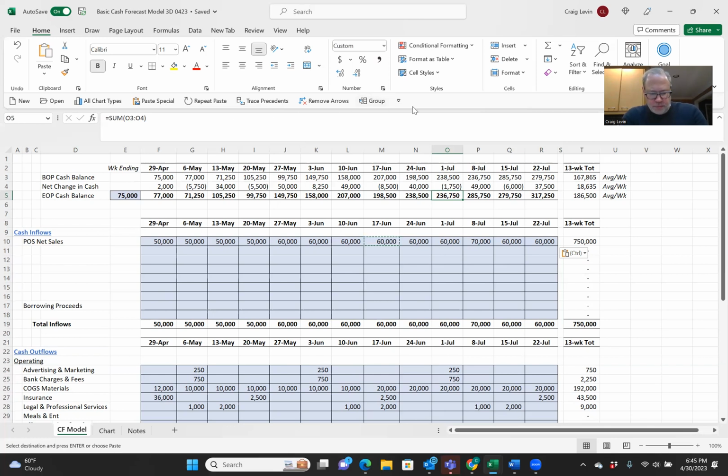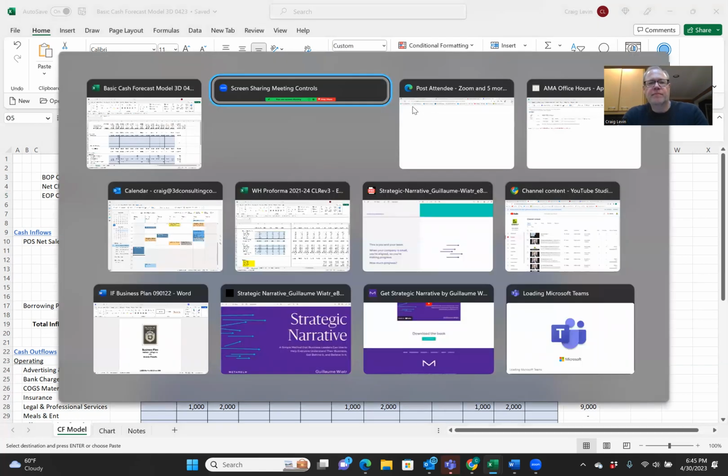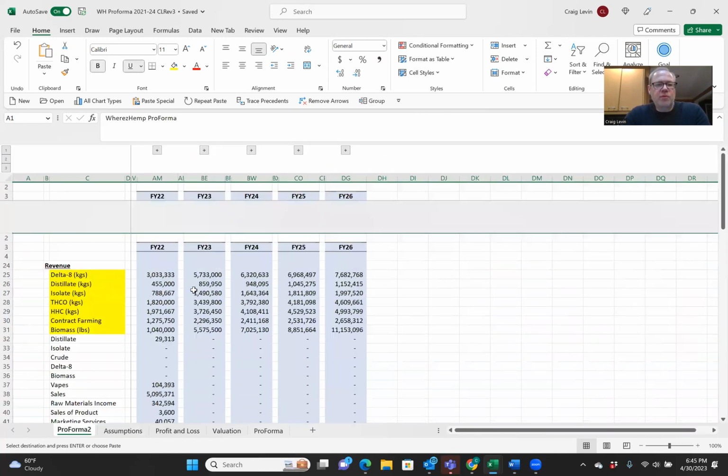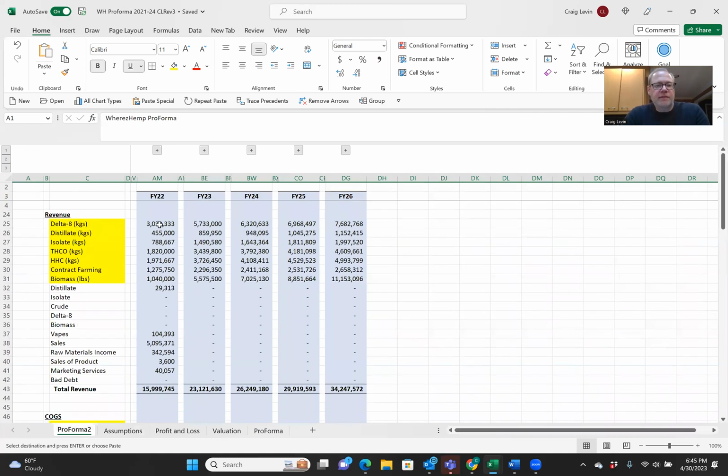The second tool is a Proforma income statement. Okay, let me get to that one here. Okay, this is an example that I used with one of my clients a couple of years ago. And what this is really telling us is projecting into the future.